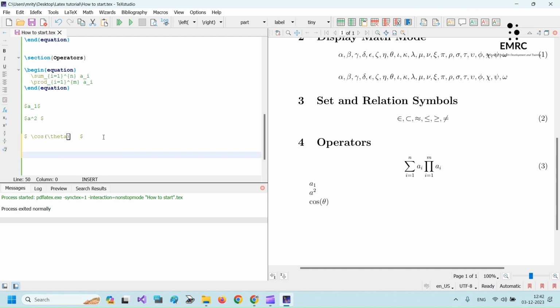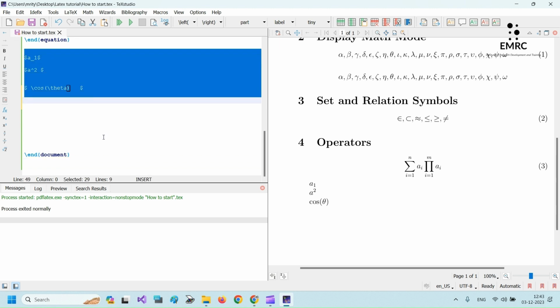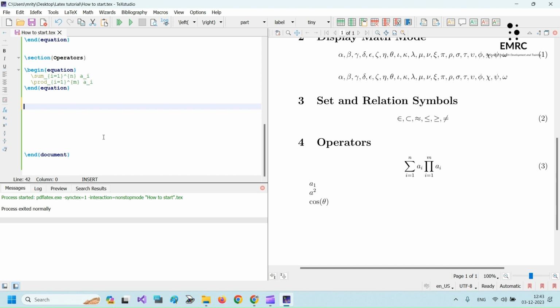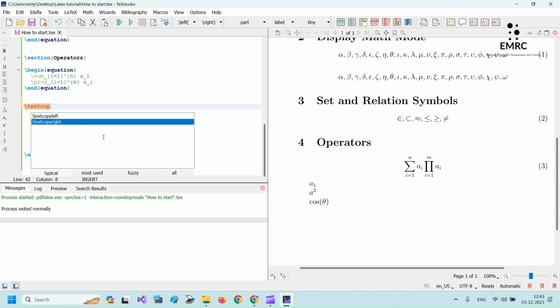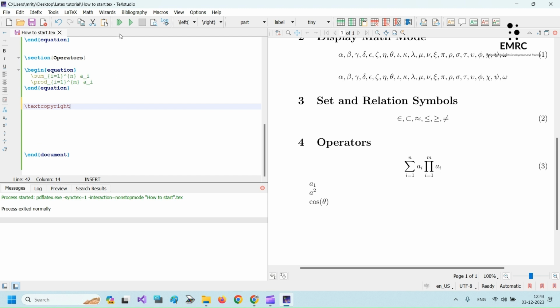Similarly sine theta, cos theta, other text symbols also, like suppose you want to write a copyright symbol. So various text symbols are there. For writing a copyright symbol, you can simply write textcopyright and compile it.